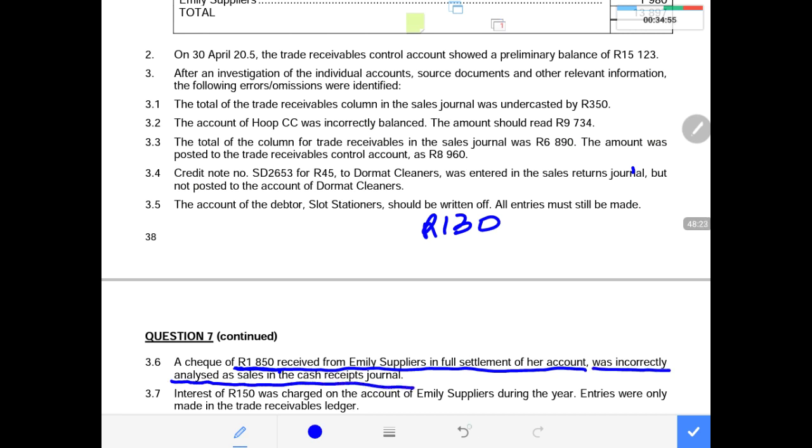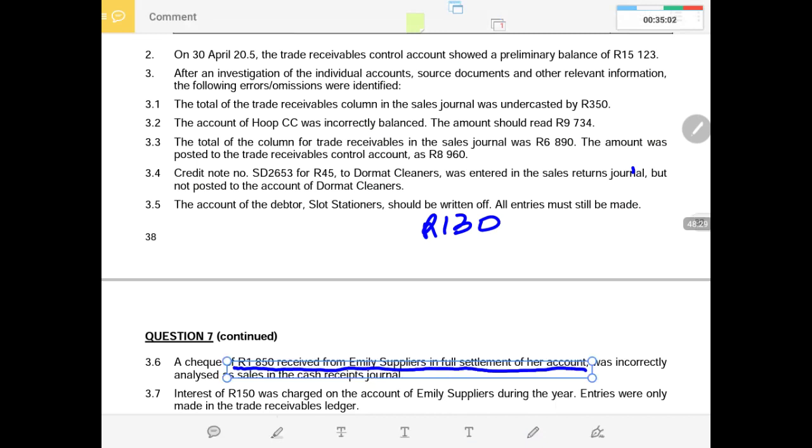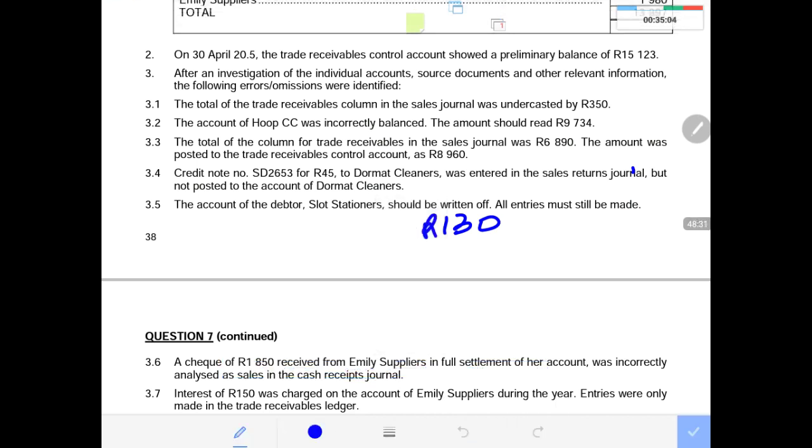This was supposed to be indicated as a payment by a customer, but we recorded it incorrectly as sales. So that means we thought that we received money for cash sales. We did not record this as cash that was received in payment of the account of the customer. Now, what does that mean?